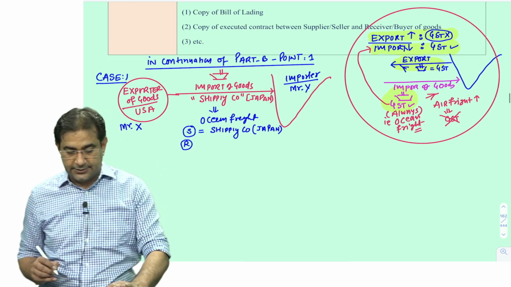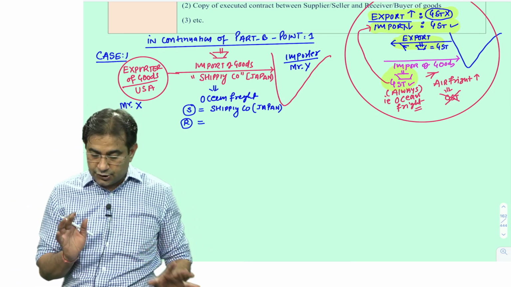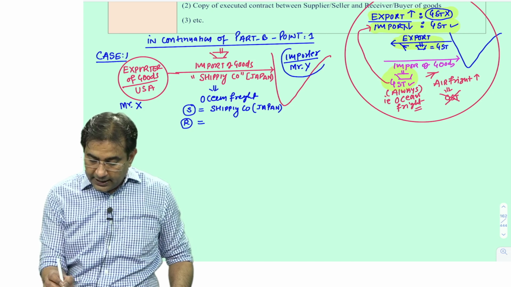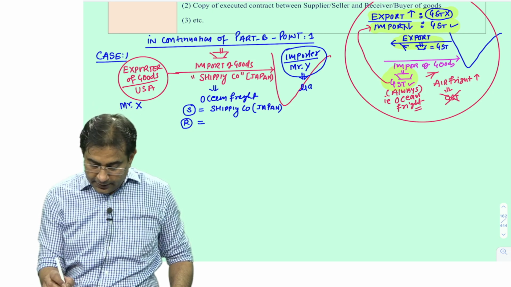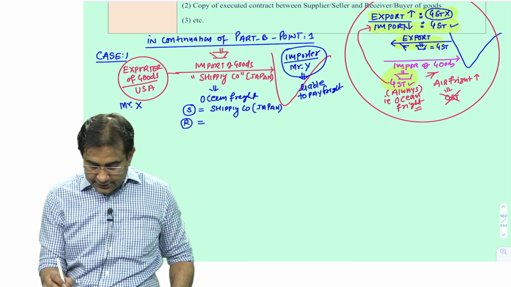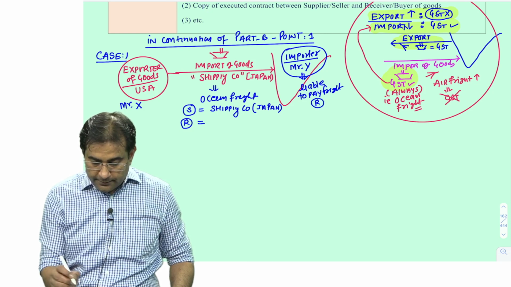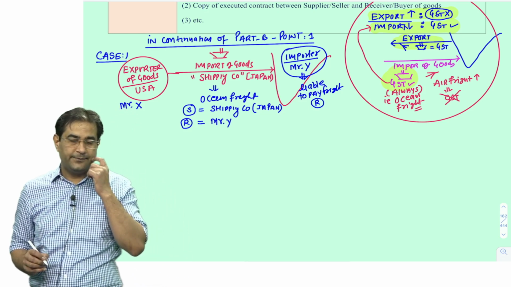Now, who is the recipient in this particular situation? Suppose Mr. Y is liable to pay freight in this situation. So the recipient would be Mr. Y. Okay, sir.